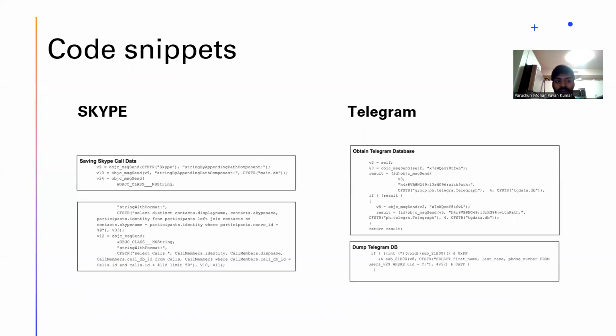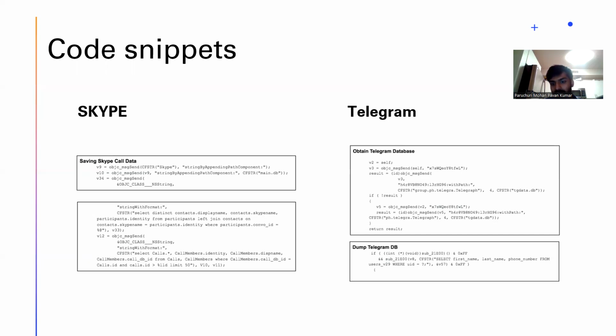And these are the code snippets of Skype and Telegram. When it comes to Skype, in the second box from the last, we can see some human readable code: call member identity, call member display name, cell number, caller ID, and it is going to load everything into the database.